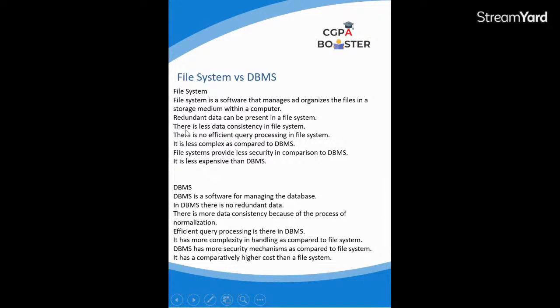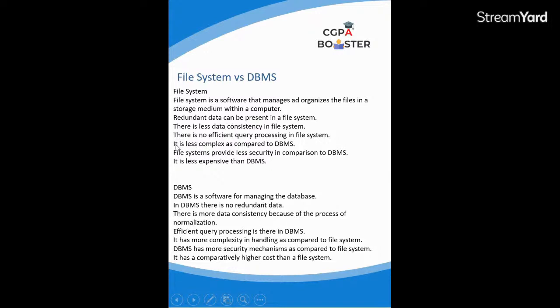In file system, there is less data consistency. Whereas in DBMS, there is more data consistency because of the process of normalization. Now, to elaborate on this point, you all need to be with us for the upcoming videos.